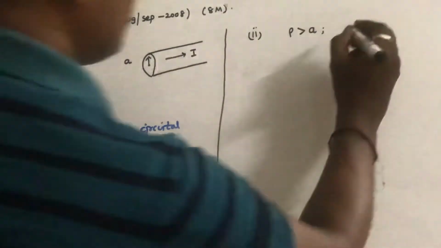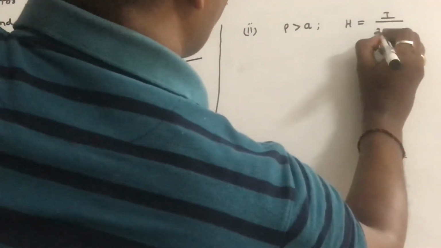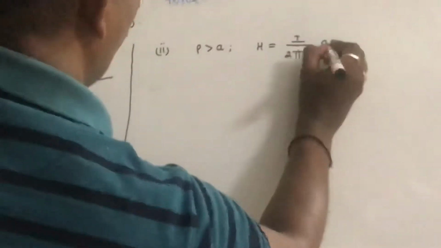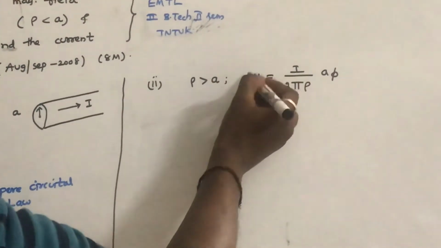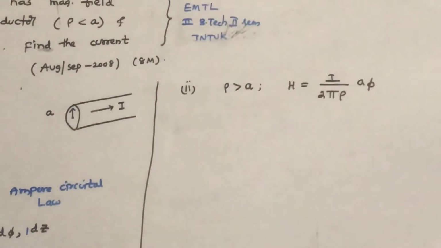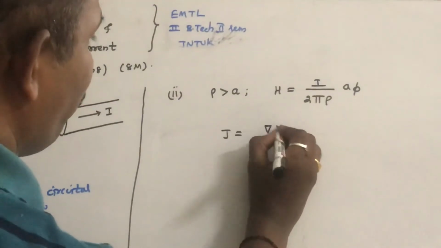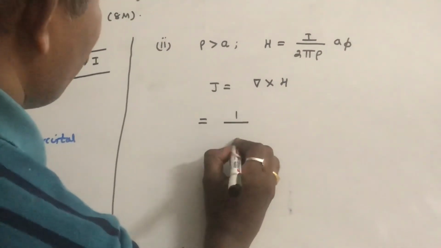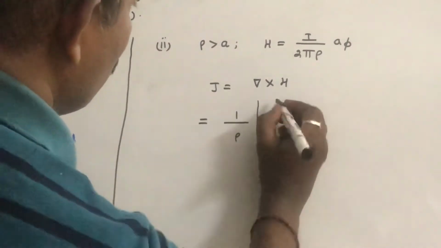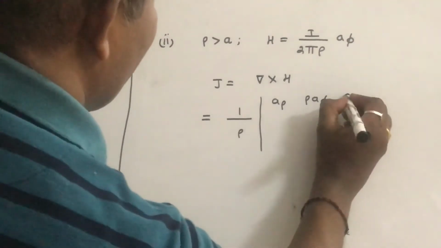What is H outside the conductor? H is equal to I divided by 2 pi rho a_phi. With this equation, the magnetic field intensity varies outside the conductor. Use the same formula. J is equal to del cross H, 1 by h1 h2 h3, which is 1 by rho, with the first row a_rho, rho a_phi, a_z, in a similar manner.